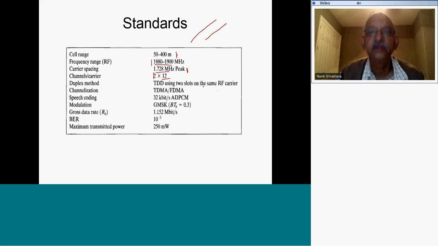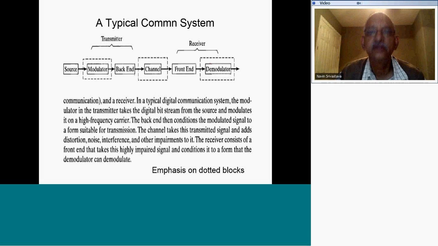And this, of course, is the typical communication system. That means you have a transmitter, then it goes through the channel, and then there is a front end, and then there is a demodulator. You have already studied the channel.